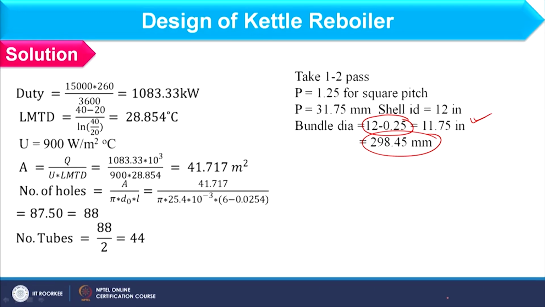The next step is to find the heat transfer coefficient in shell side as well as in tube side. If you remember the heat transfer mechanism, that is nothing but pool boiling. So, we will consider the nucleate boiling correlation over here, and in this problem we are given the critical pressure, so accordingly we will choose the expression.